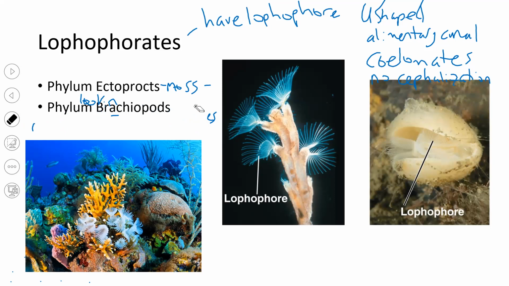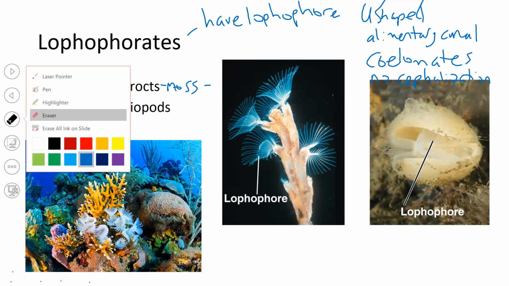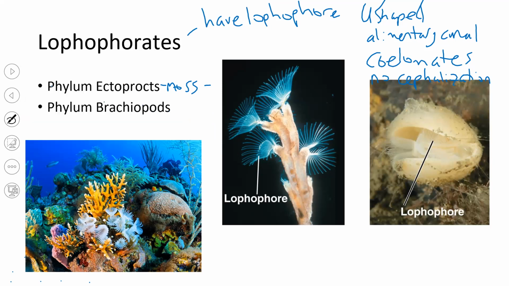The second phylum are the brachiopods. And this is a brachiopod over here. What do they look like? They look like a little clam. They're actually called lamp shells.